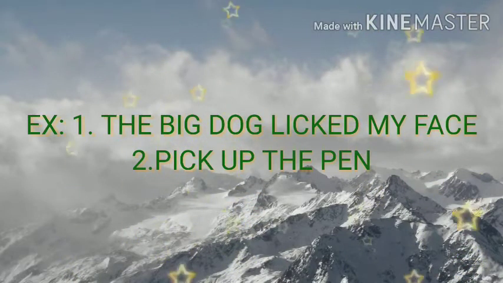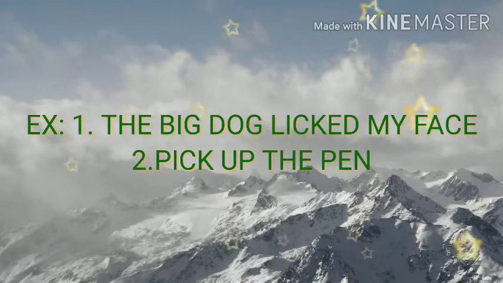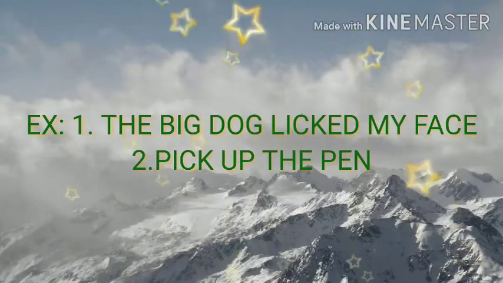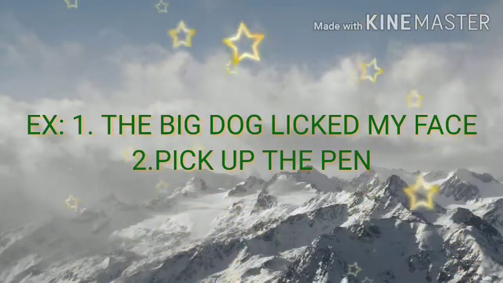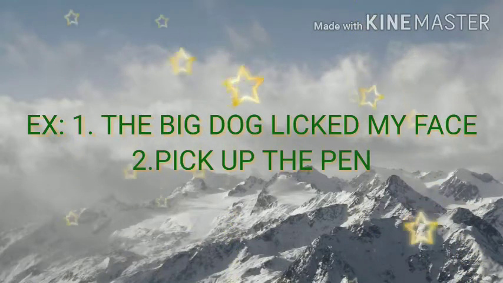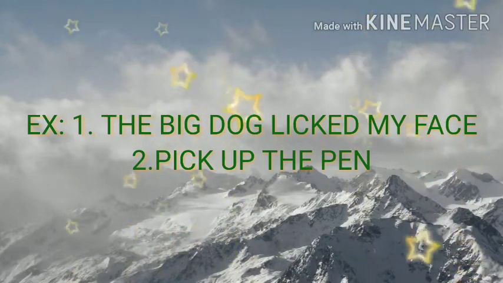As I told you, in a sentence we always have a subject and a predicate. Here the big dog is the subject and licked my face is the predicate. In that predicate, the verb licked is present.